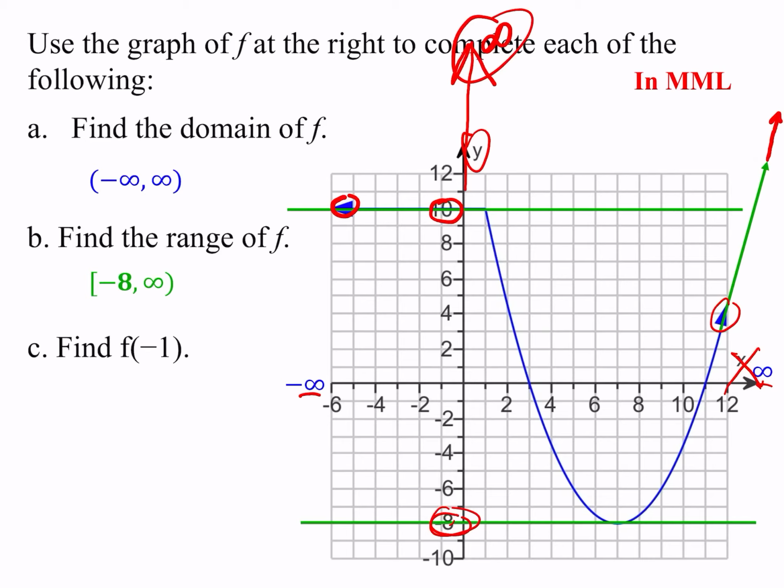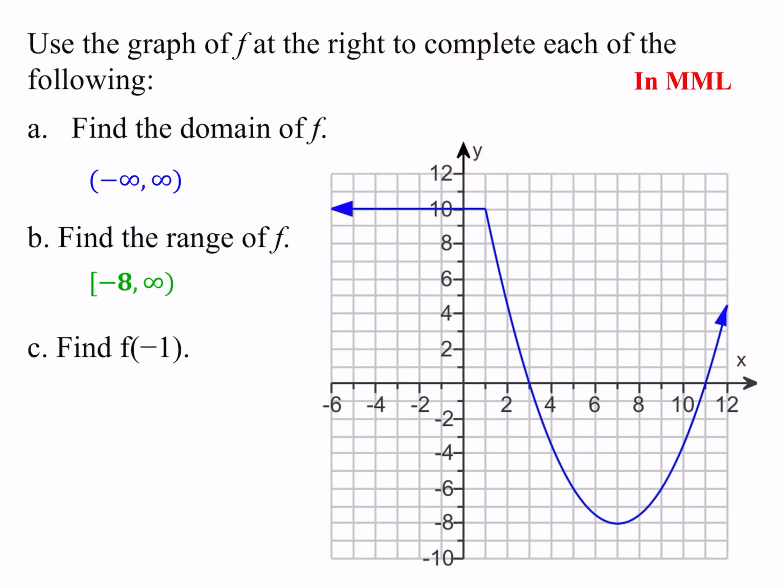Part C says find f of -1. If the -1 is in parentheses, what does that represent? Yeah, that's your x value. If you have an x value of -1, that's that line right there.